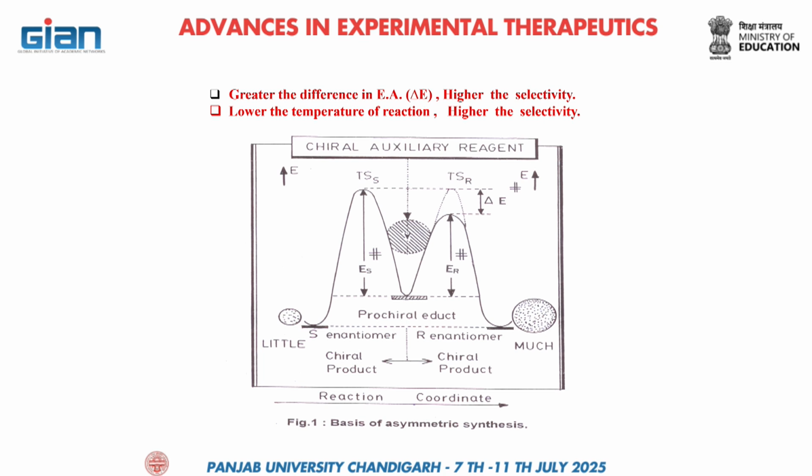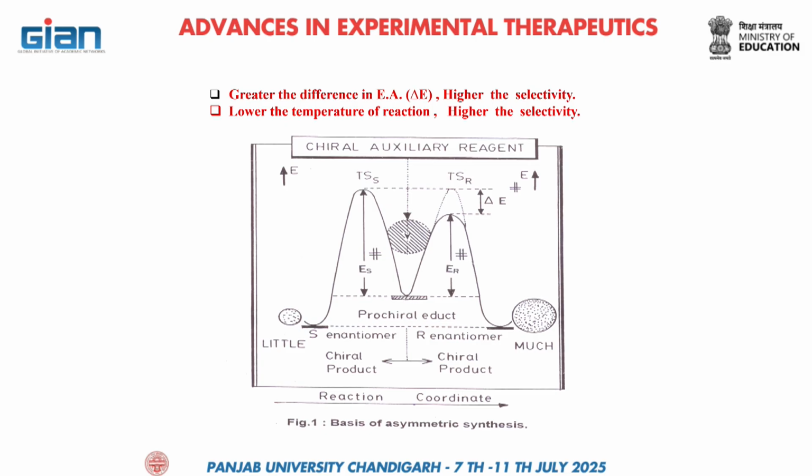Now see, there are 2 transition states, one is for S and one is for R. So that has been written transition state S and transition state R. If they are going to make a 50-50, their transition state barrier with energy level should be same.